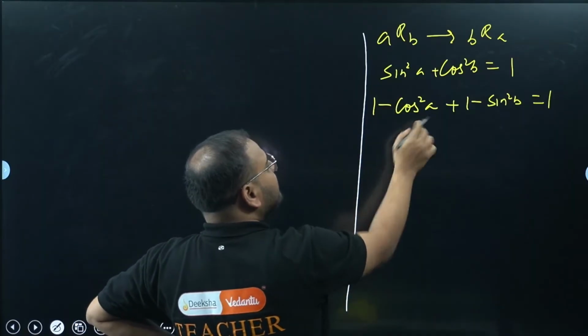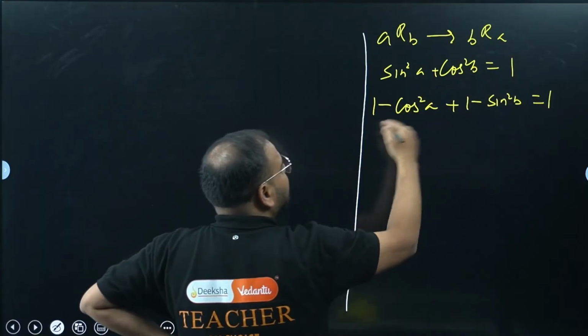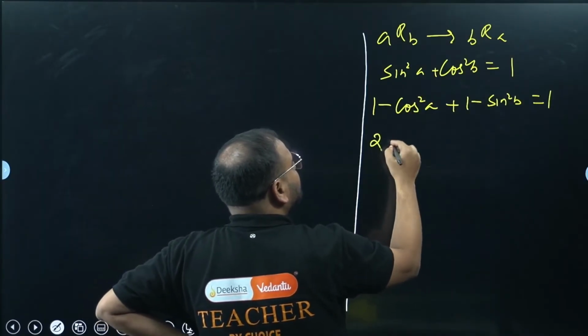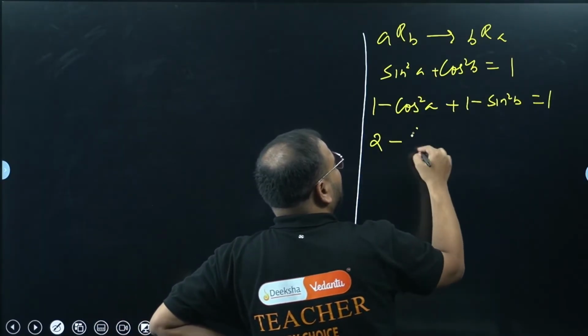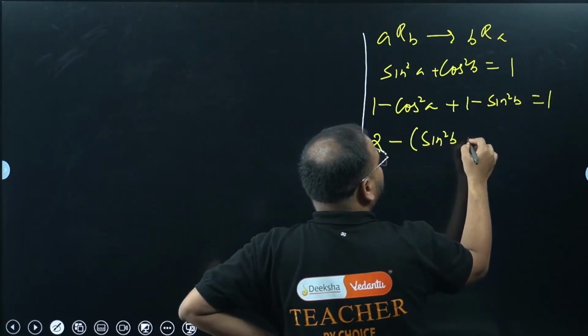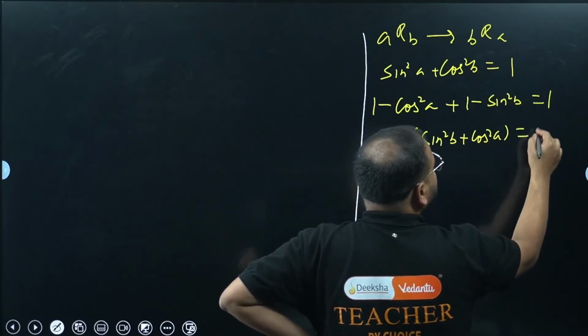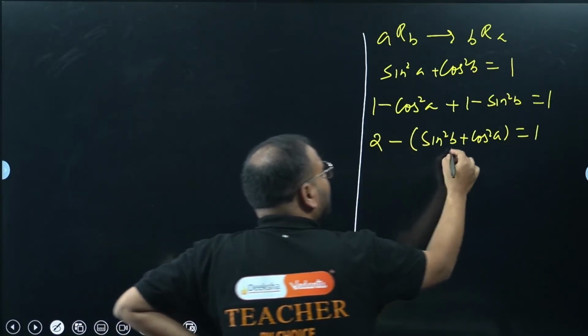Sin square A will be 1 minus cos square A and cos square B will be 1 minus sin square B. Club the 1s together, it will become 2, and take a minus sign common. It will become sin square B plus cos square A equals 1. Bring this part over here.